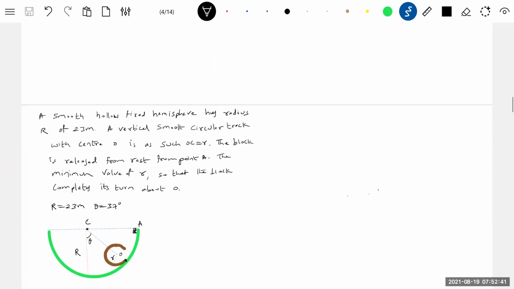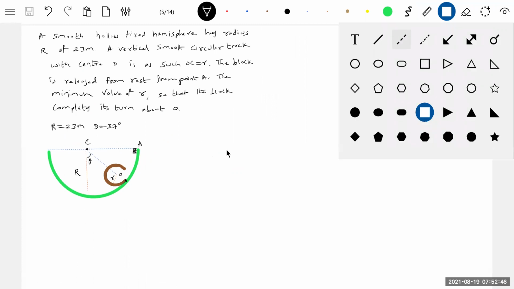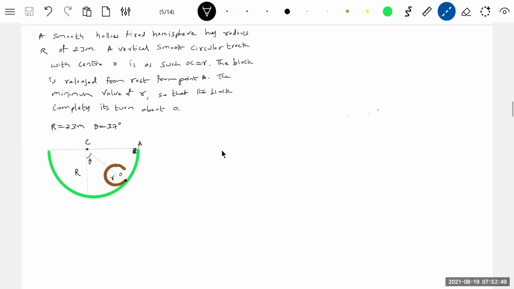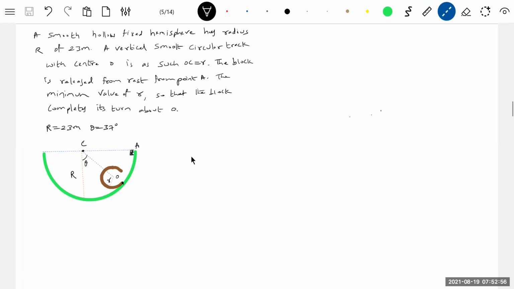Okay, let's take the question somebody asked yesterday. Now start reading the question first. This is the smooth hemisphere. It should complete the vertical circle about O. There's a block. The block is here.